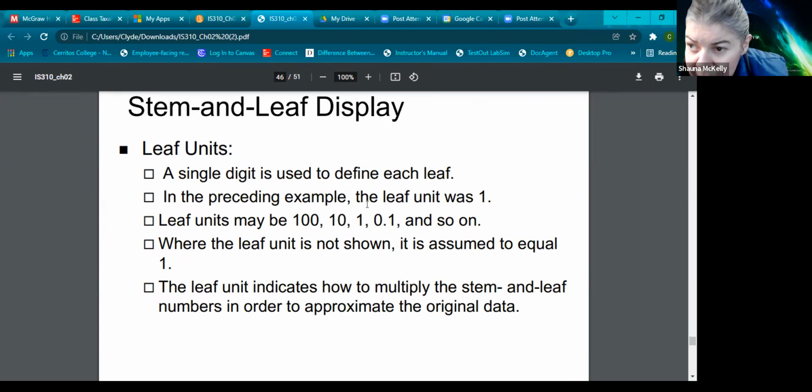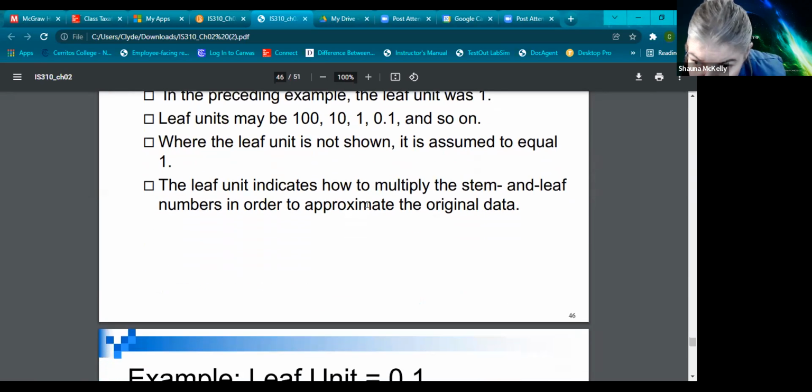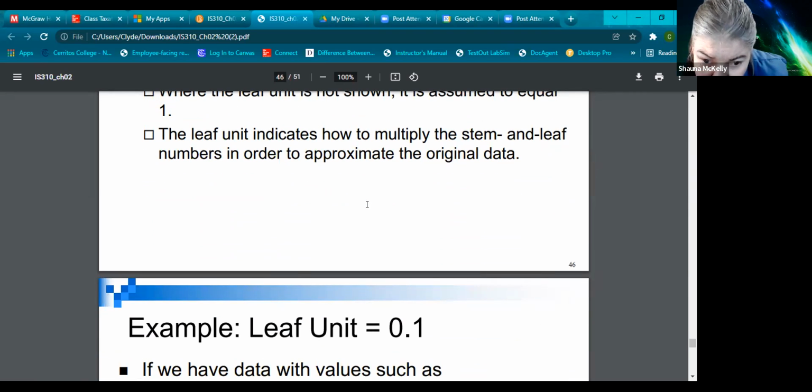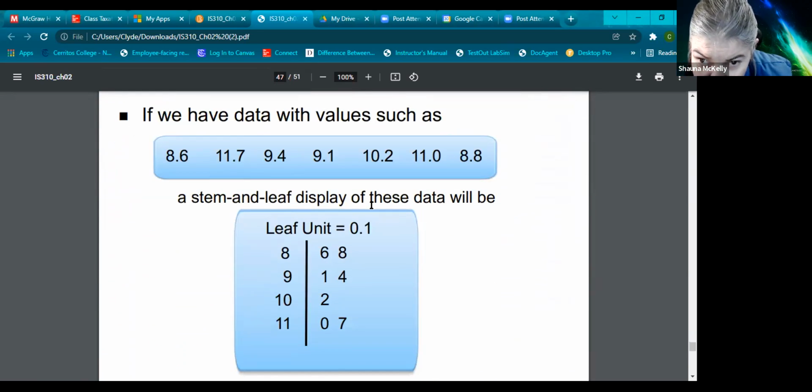So the leaf can be a decimal number. The leaf could be 2 digits, whatever you want. Where the leaf unit is not shown, it's assumed to equal 1. So then she gives you another example, a smaller data set.